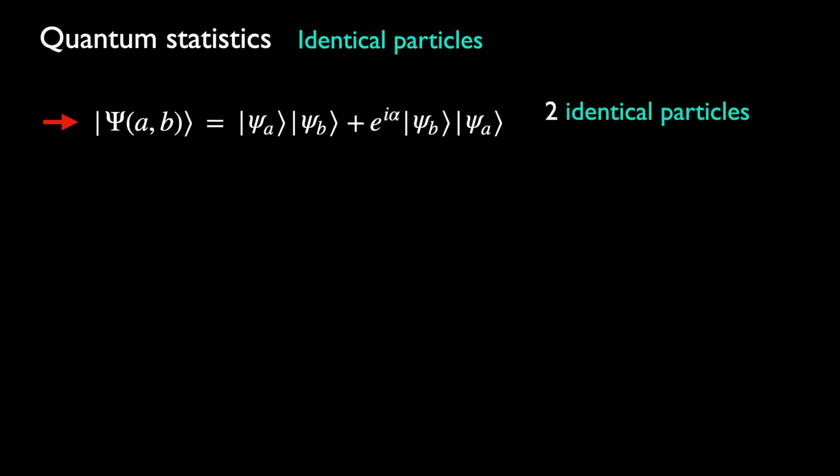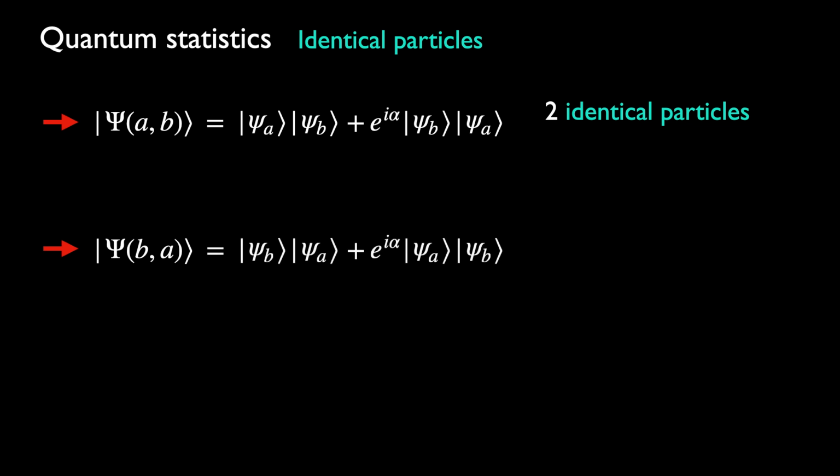Psi AB, defined like so, should describe two identical particles, with one in state psi A and the other in psi B. This should be physically equivalent to the case where one particle is in psi B and the other in psi A, a purely notational difference, which is just switching between A and B. We can factor an overall phase, which should have no physical significance.